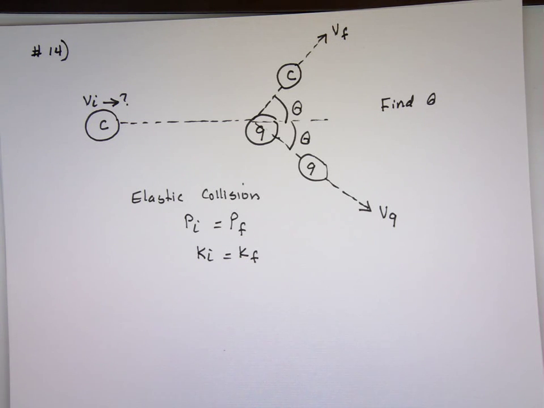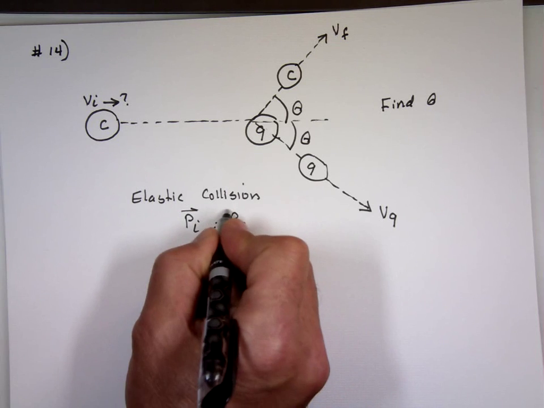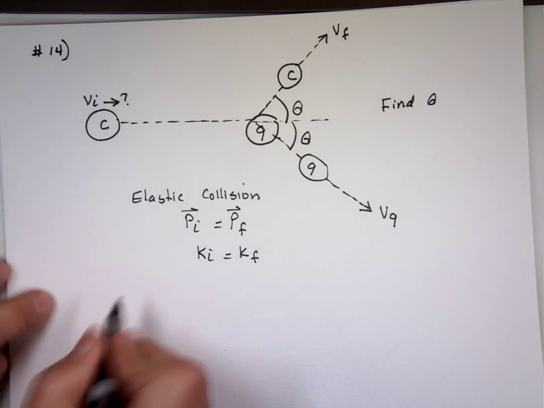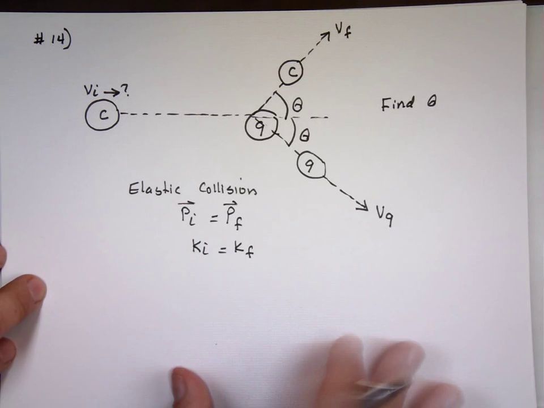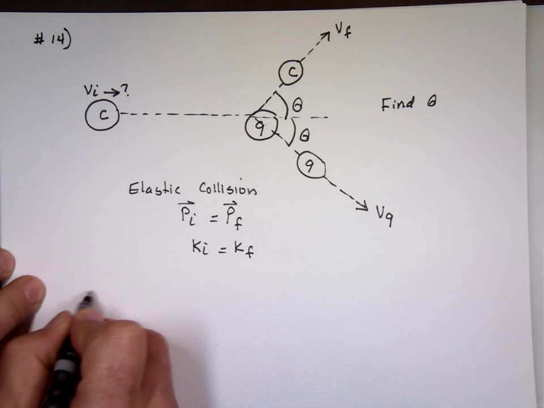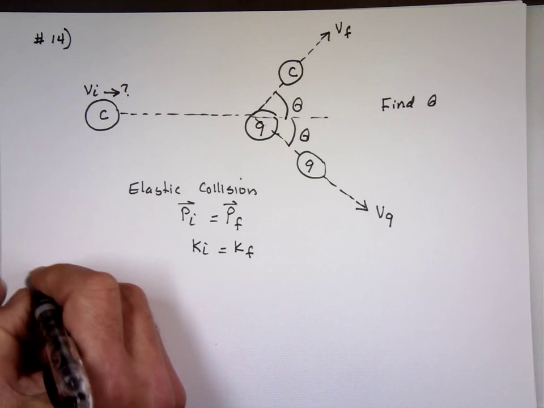Linear momentum is a vector, so I have to deal with that. Let's look at the kinetic energy first, because I only have a little space here. Well, maybe I'll do the linear momentum first.